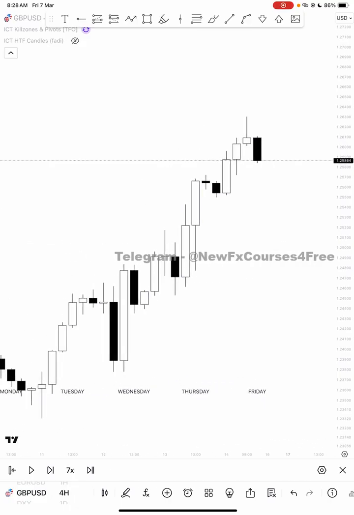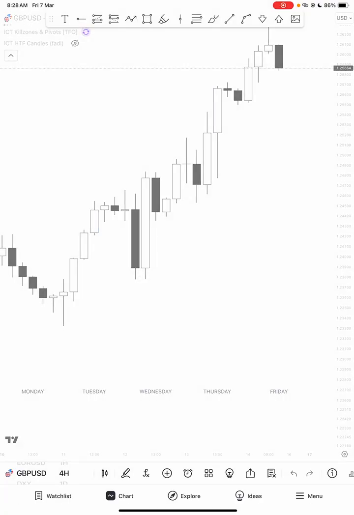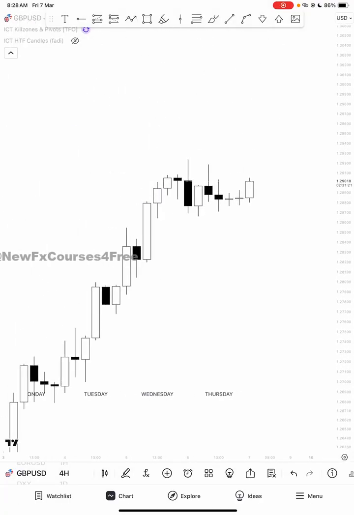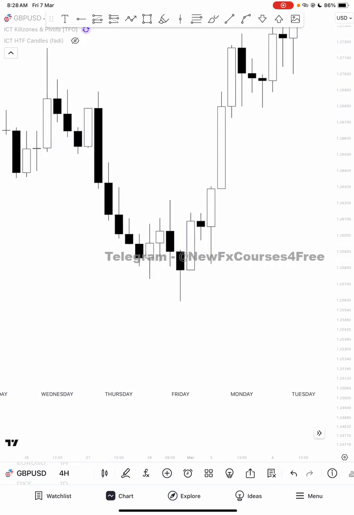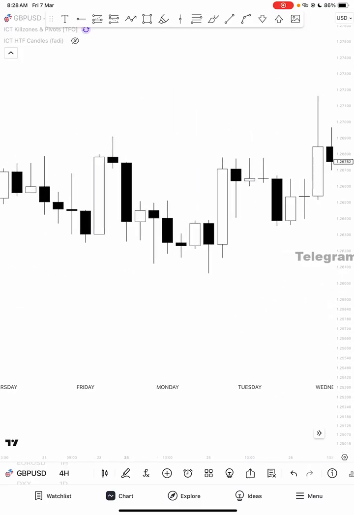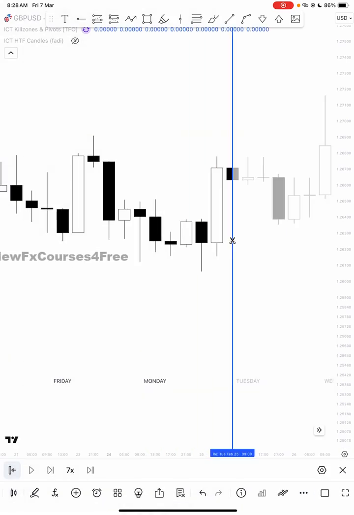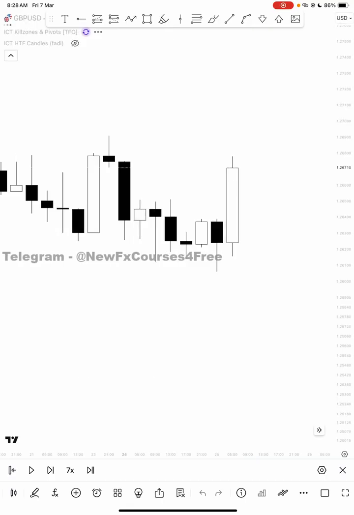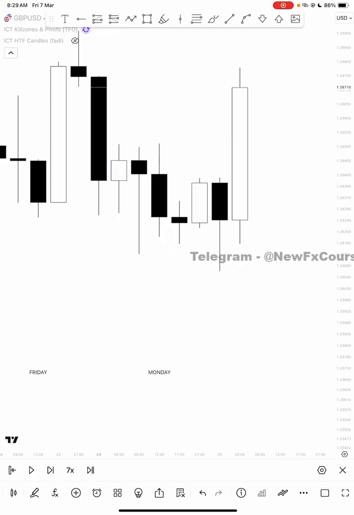So let me use another example for the 4 hour open, high, low, close. Let me use this example over here. So here, remember we have to buy below the opening price.